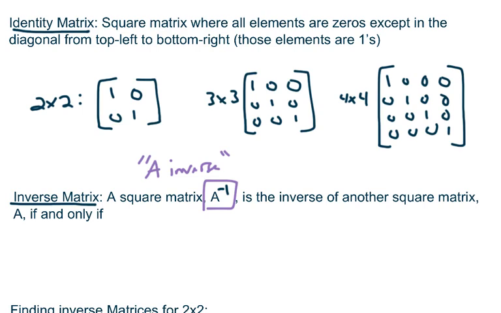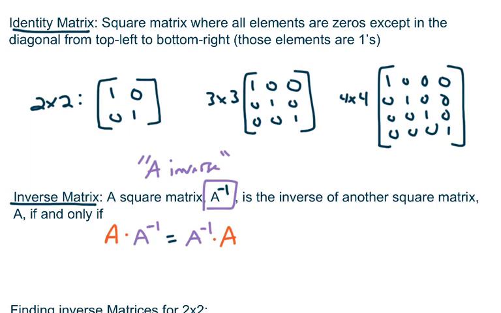So a square matrix A inverse is the inverse of another square matrix A if and only if, here's the key, if we take our original matrix A times A inverse, that has to be the same as A inverse times A. Those two products have to be the same.